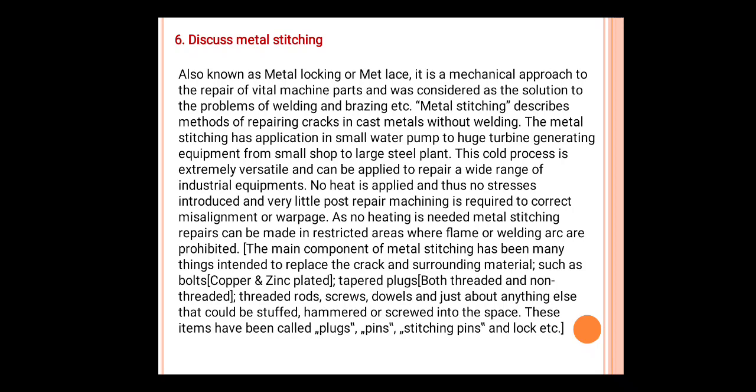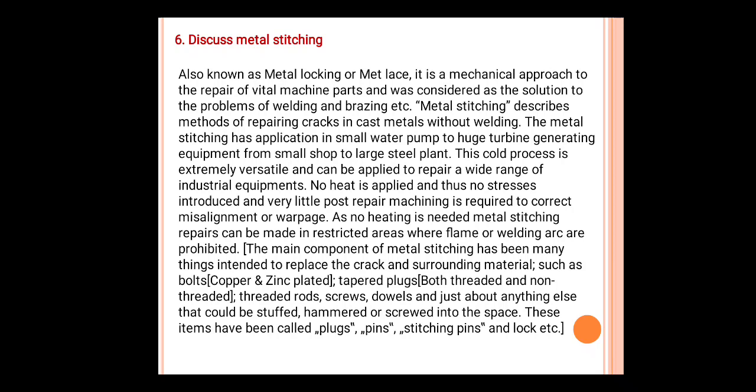No heat is applied and thus no stress is introduced, and very little post-repair machining is required to correct misalignment or warpage. As no heating is needed, metal stitching repairs can be made in restricted areas where flame or welding arc are prohibited.